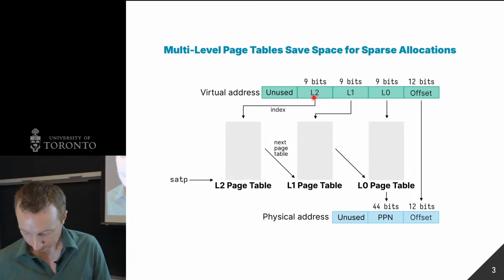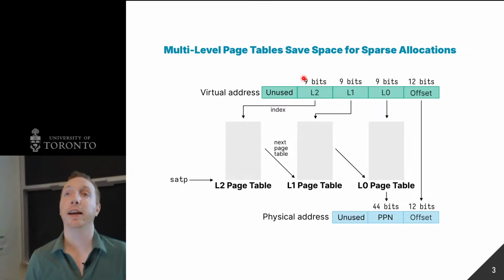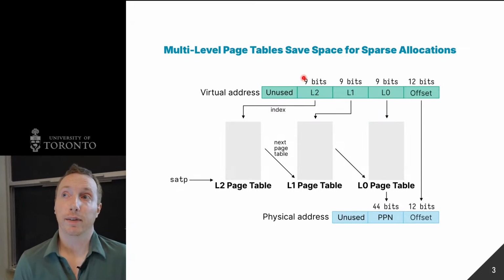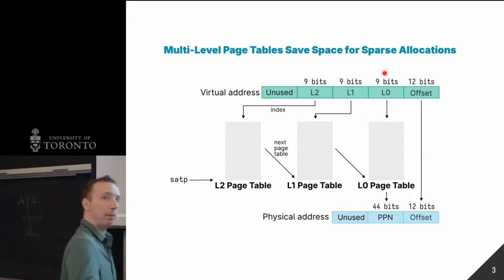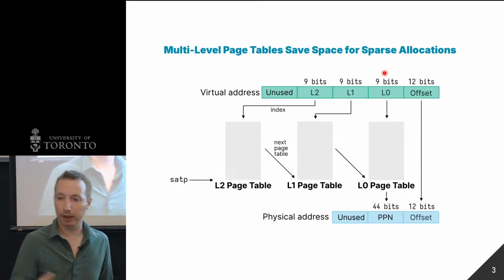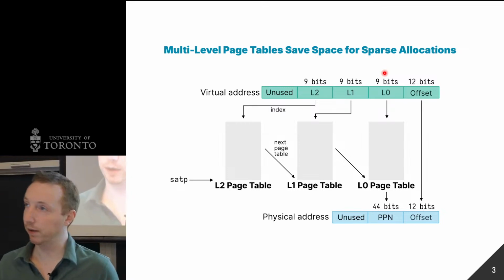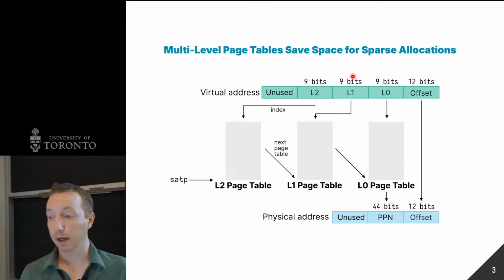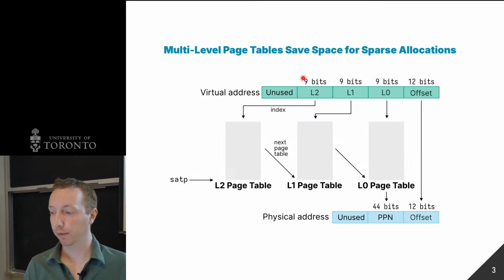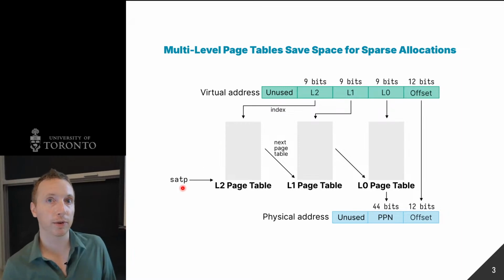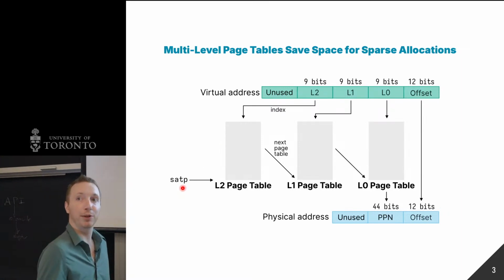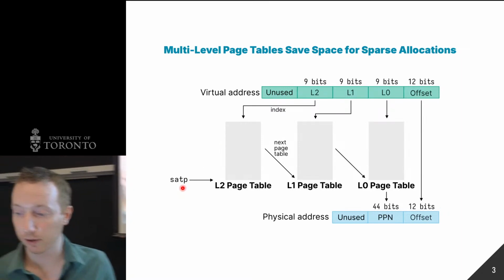So how this works is it takes that 27-bit VPN and then splits it up into multiple levels. And then because, well, if we take 27 divided by 9, it means we need 3 different levels of page tables. And how that works is this register, which tells you which page table to use to start your translation.